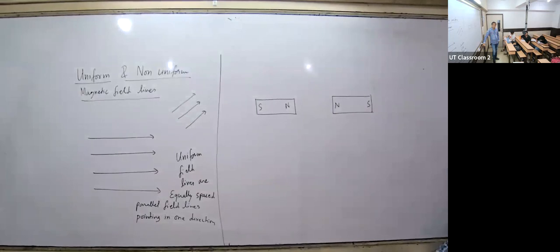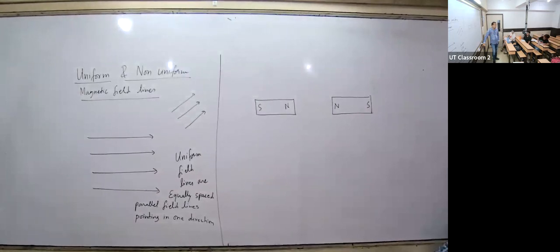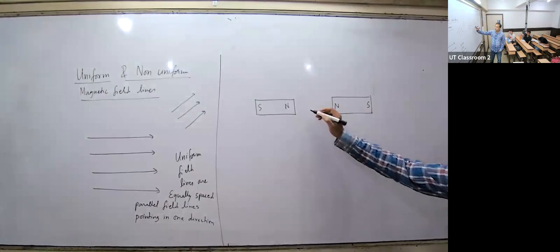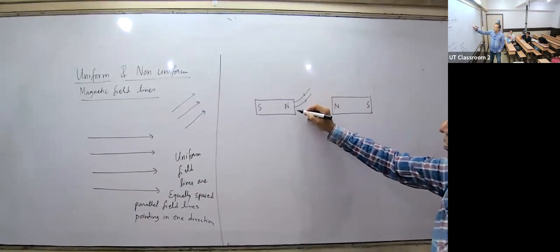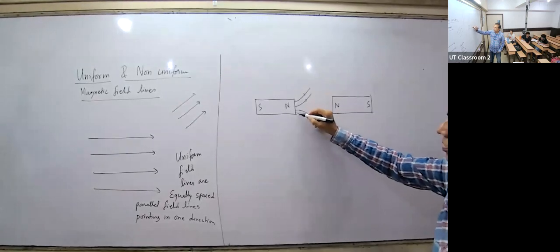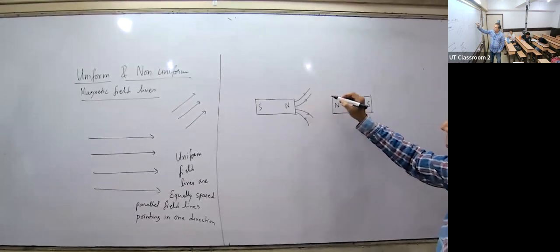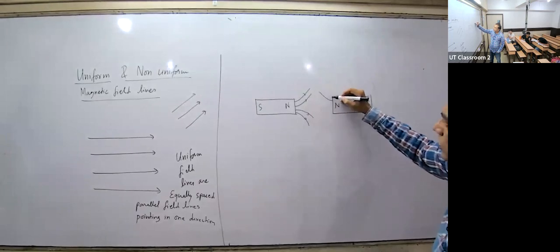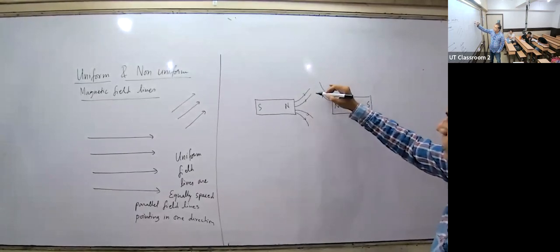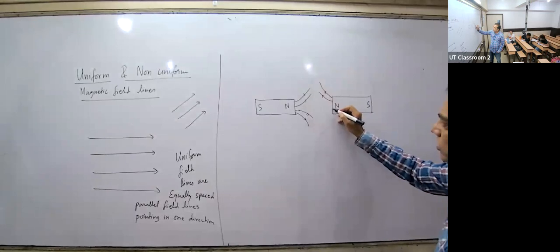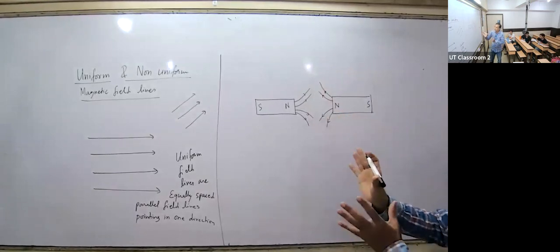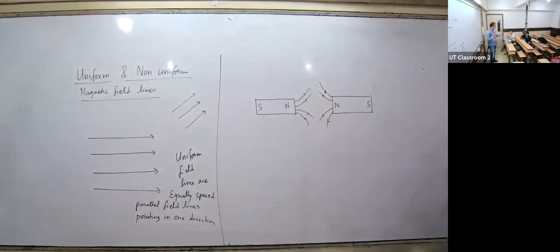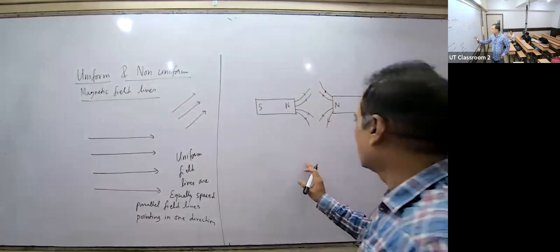So how will their field lines be now? It will be like this, right? Will they meet? No. They will not meet anywhere. So they are not parallel, and they are not equally spaced either. So this is when like poles are facing.